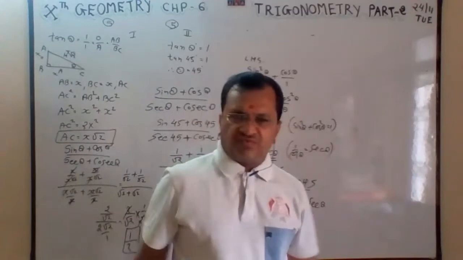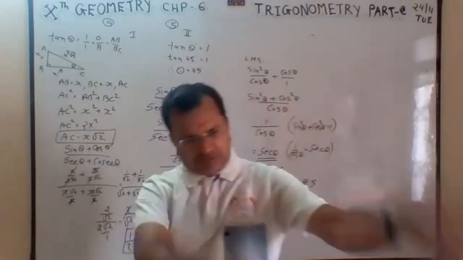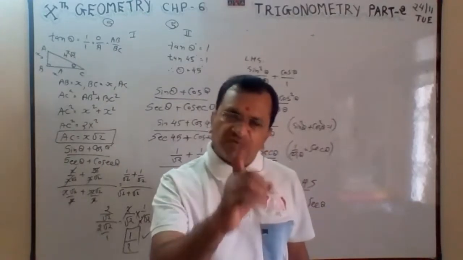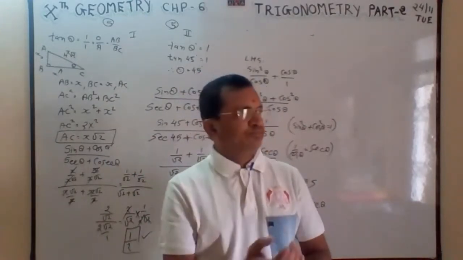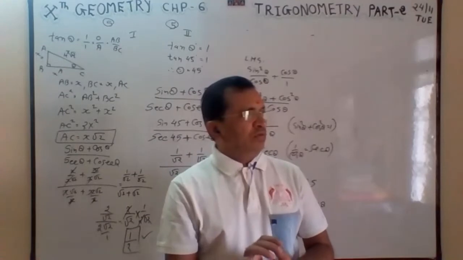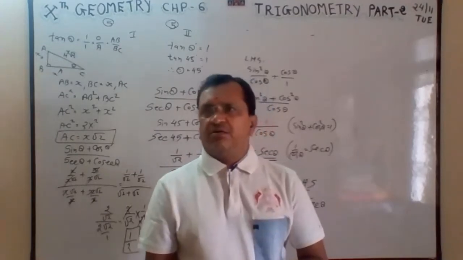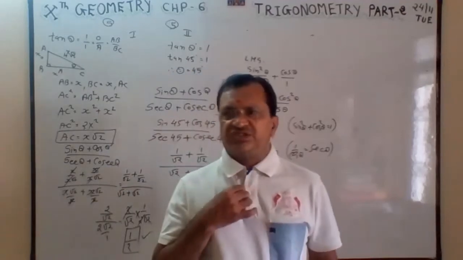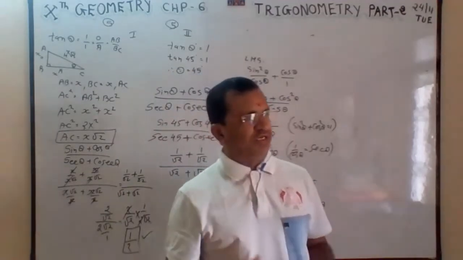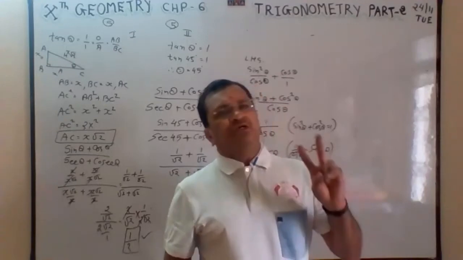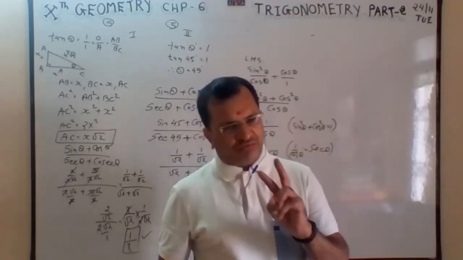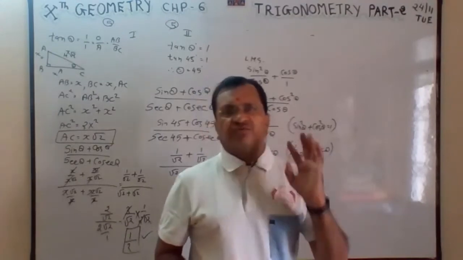Forget about the textbook. Forget about the digest. Forget about your tuition classes and all that. You have to follow this. Because when there are lots of papers, full marks out of full, 60 out of 60, 40 out of 40, per 2 lakh papers, we can just give 2000 full marks.